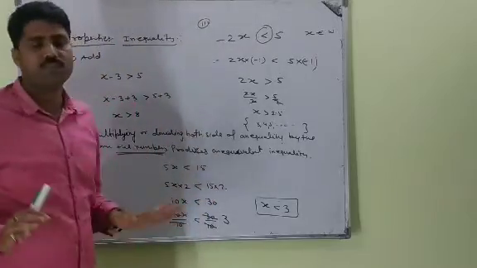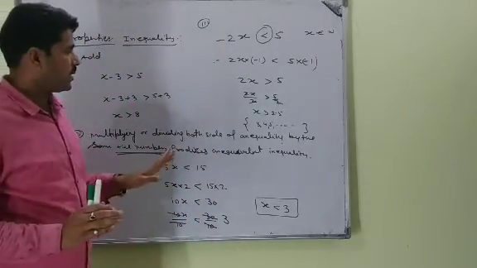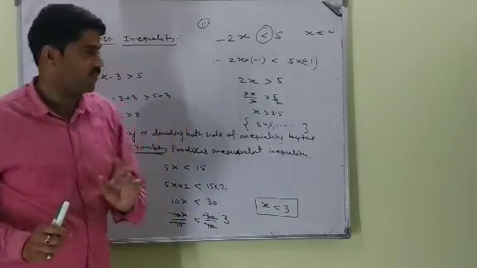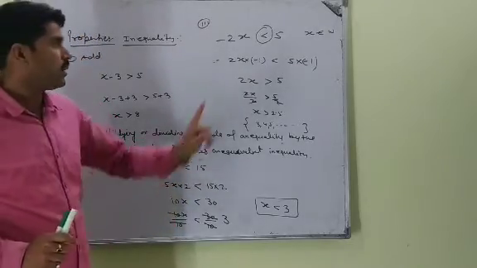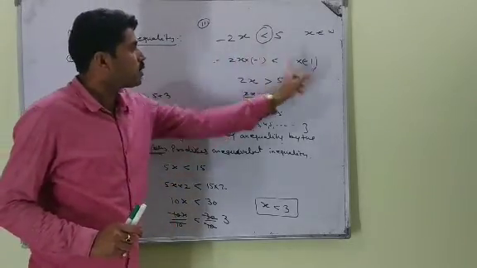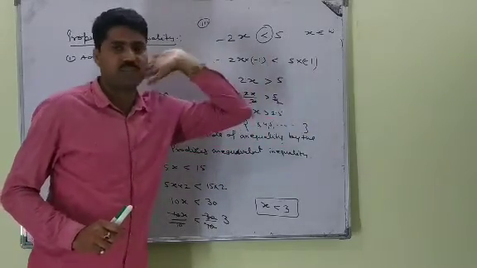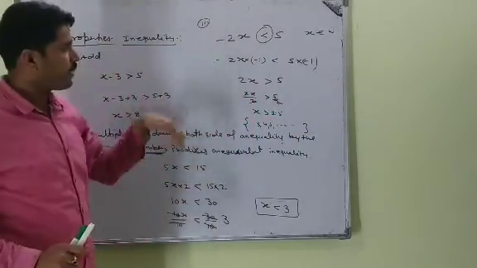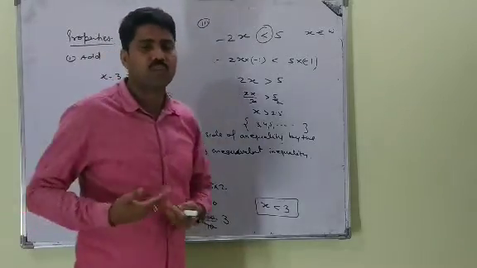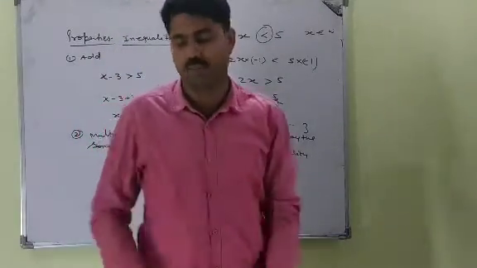Very easy concept. Marks are very easy, but when you are solving the question, please focus on the rule, especially the multiplication by the negative sign. And the remaining rules are the same as we use when solving a linear equation.